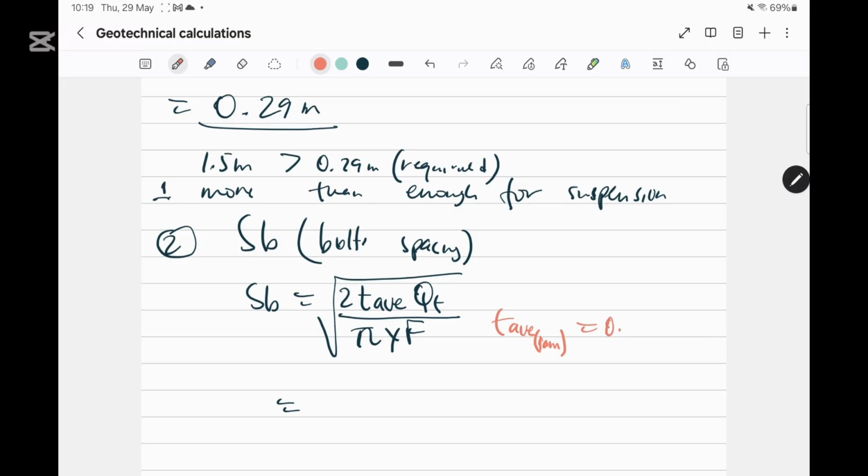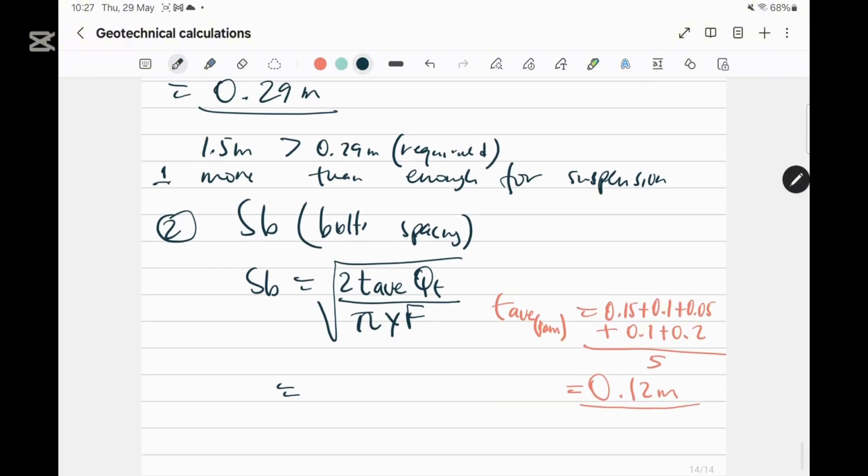So we have 0.15 plus... Okay, that's what we have. You have your soft rock layers. We add them and divide by 5 because there are 5. So it's 0.15 plus 0.1 plus 0.05 plus 0.1 plus 0.2, divided by 5. So we have 0.12 meters as our T average.